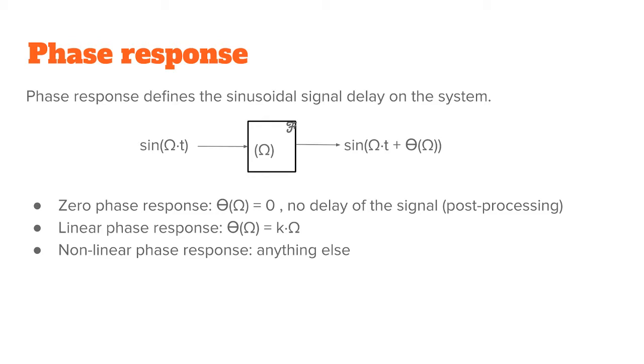So if I have any system defined by its transfer function, for example, this kind of system, then what comes out would be the amplitude. This is missing the amplitude response actually. Amplitude response times sine of the same angle plus the phase shift.